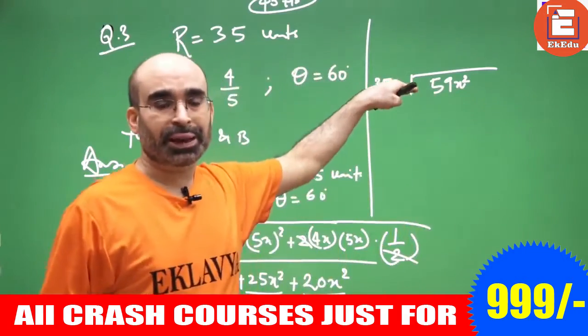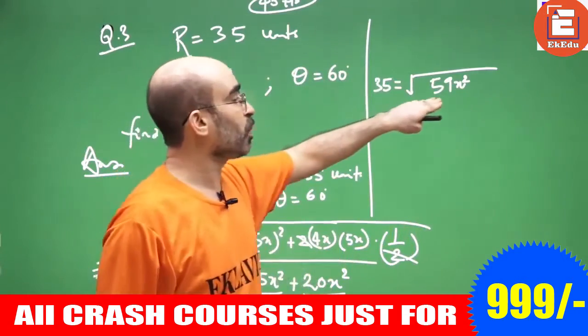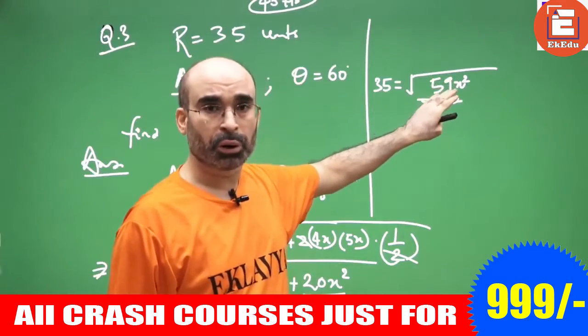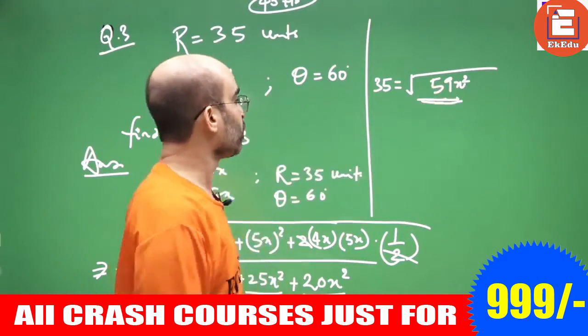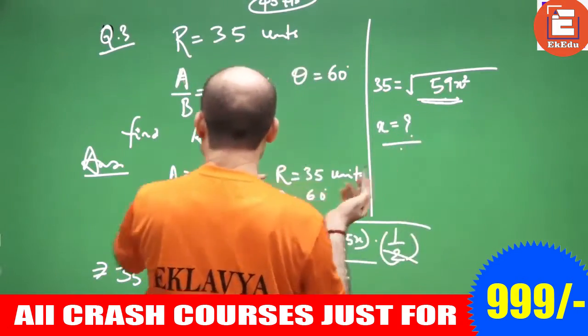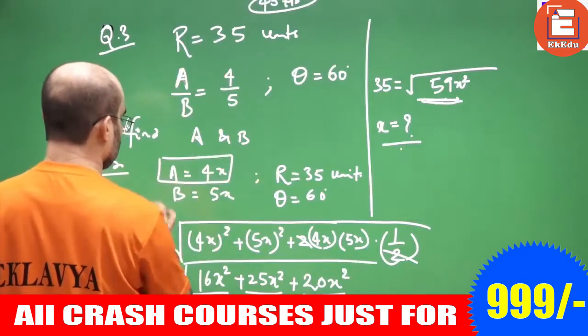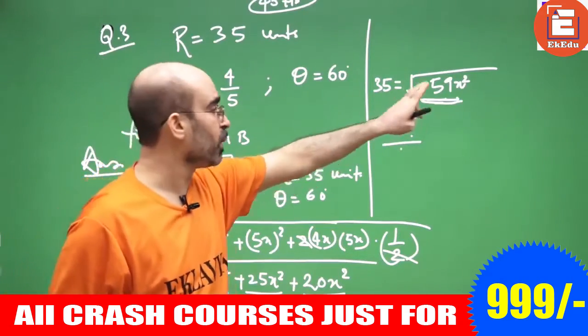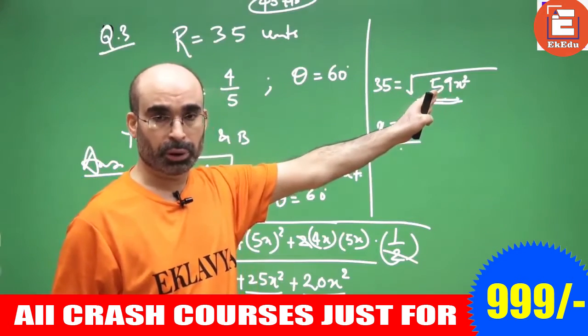Actually, this is in the square root term, some complete square will be there, and then you will work out the value of x, and then you will put the value of x here for A and for B. The value of x you will be able to find out right here.